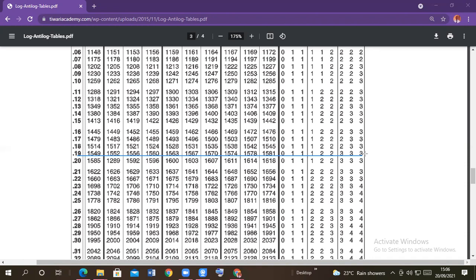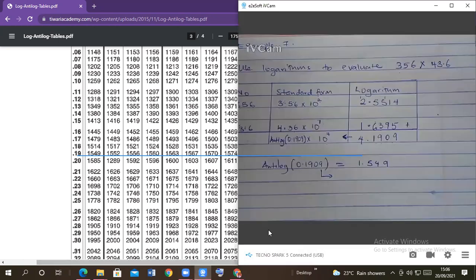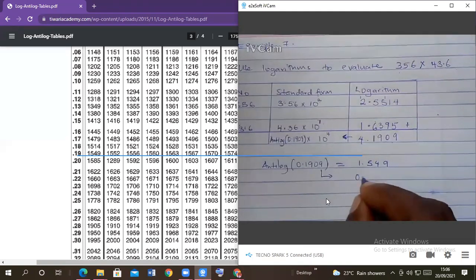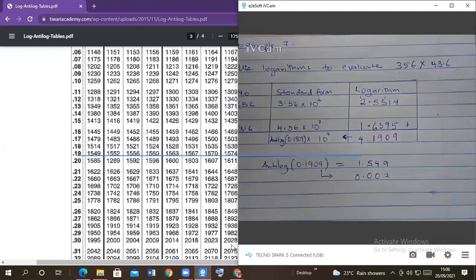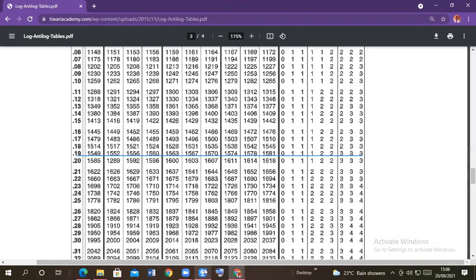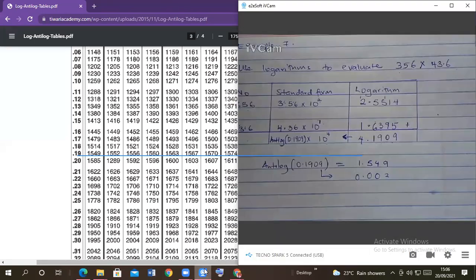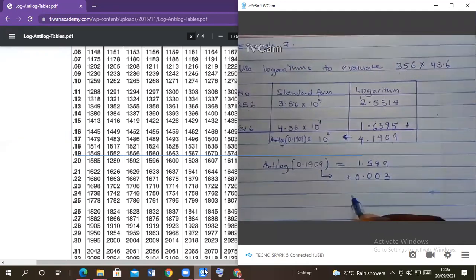So we write it to 3 decimal places as 0.003.